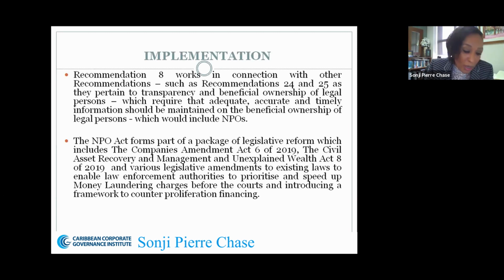And then we also enacted the Civil Asset Recovery Act. That has a very long name, you know. So the short version is the Civil Asset Recovery Act. The Civil Asset Recovery Act and the Companies Amendment Act were enacted specifically to address recommendations 24 and 25, which relate to transparency of beneficial ownership.